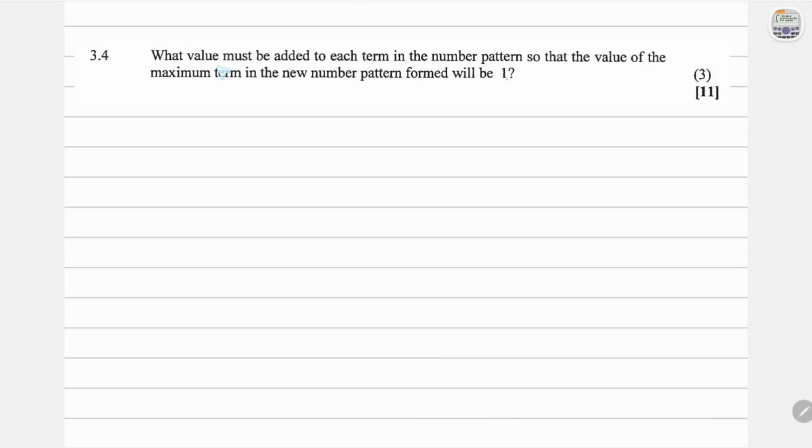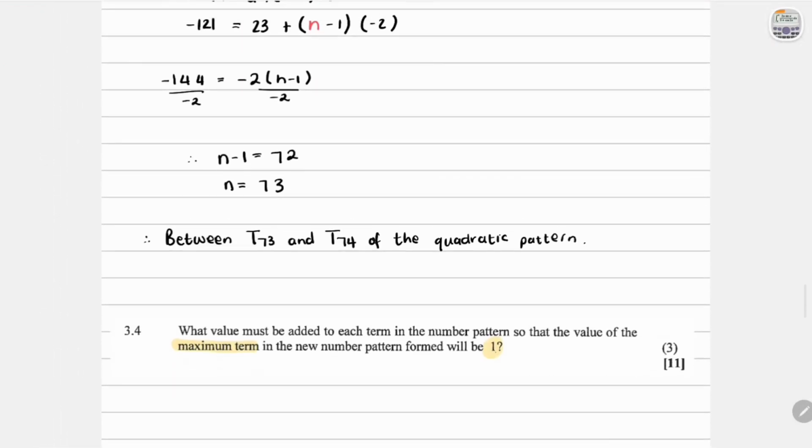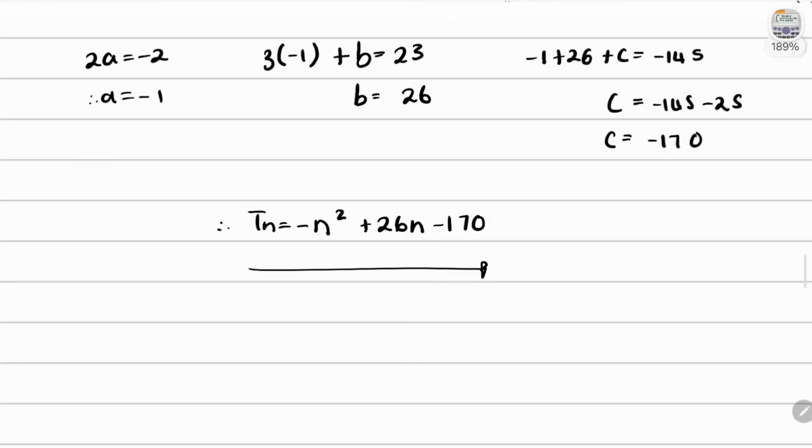Question 3.4 says, what value must be added to each term in the number pattern so that the value of the maximum term in the new number pattern formed will be 1? So how much must be added to the old pattern so that the new pattern has a maximum of 1? They are specifically referring to a maximum value, or maximum term. Looking at our formula of the quadratic number pattern, notice that the value of a is negative.